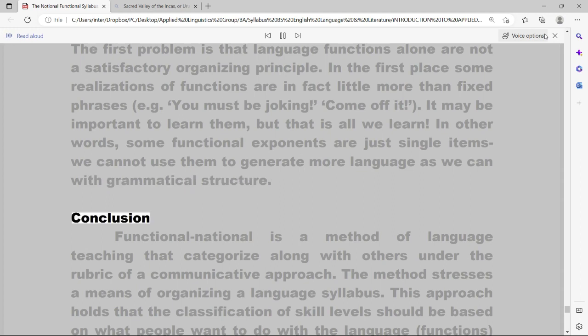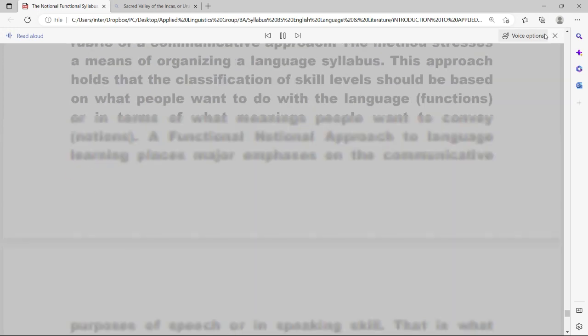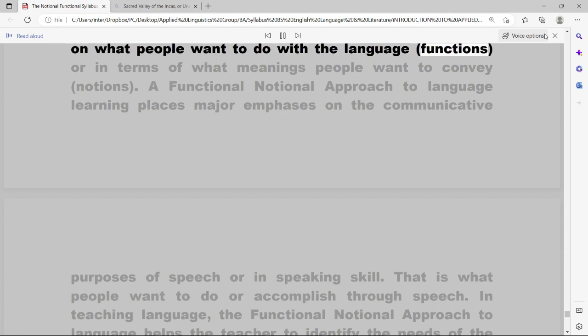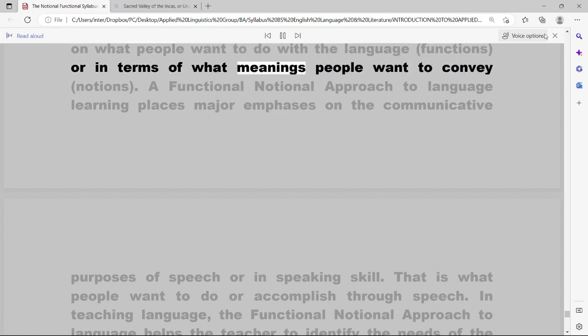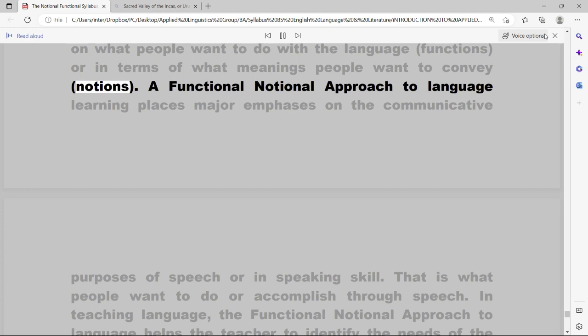Conclusion. Functional notional is a method of language teaching that is categorized along with others under the rubric of a communicative approach. The method stresses a means of organizing a language syllabus. This approach holds that the classification of skill levels should be based on what people want to do with the language, functions, or in terms of what meanings people want to convey, notions.